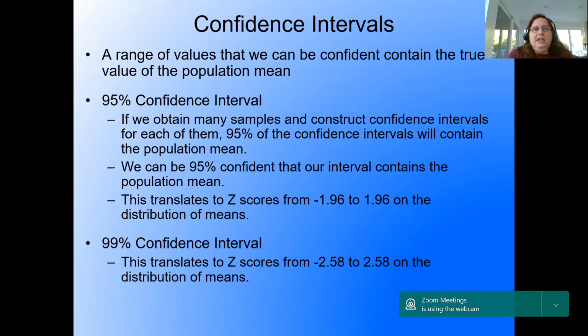If we obtain many, many samples and construct confidence intervals for each of them, 95% of the confidence intervals will contain the population mean. So we can be 95% confident that our interval contains the population mean. And this translates to z-scores from negative 1.96 to 1.96 on the distribution of means.